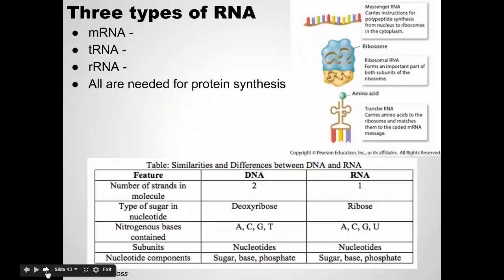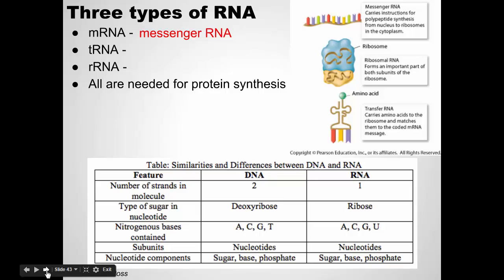There's three types of RNA, mRNA, tRNA, and rRNA. And each of them has a different role to play in the creation and synthesis of proteins. We're going to get into the specifics eventually about what they do, how they work together, but just as an overview, mRNA, that stands for messenger RNA.